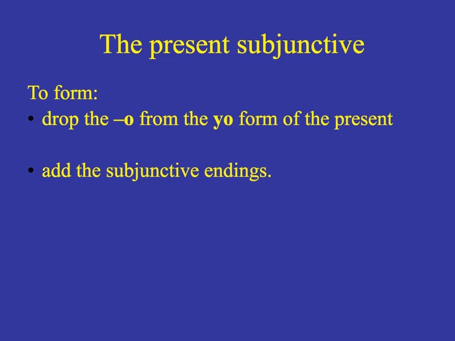In order to form the subjunctive, you're going to follow the same steps that you do for negative tú commands, usted, ustedes, and nosotros commands. Meaning that you start by going to the yo form of the present tense and drop the o, and then you'll add the subjunctive endings.